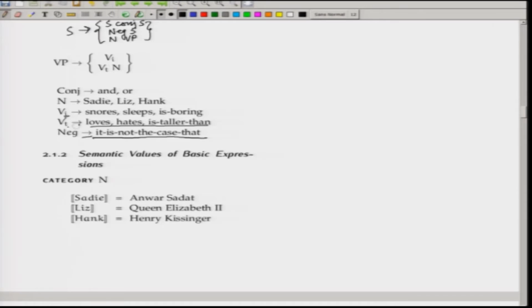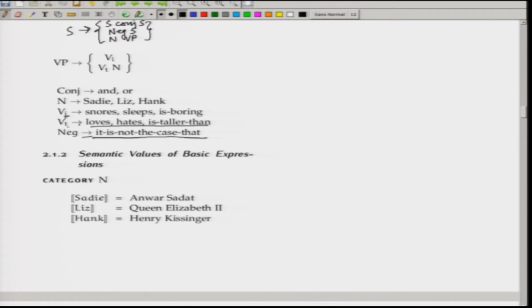And we have three VTs, that is here we have loves, hates, is taller than, and then the conjunctions have to be understood. We have just two conj, one is and one is or, the usual and and or, and then finally, it is not the case that, which is a logical connective.